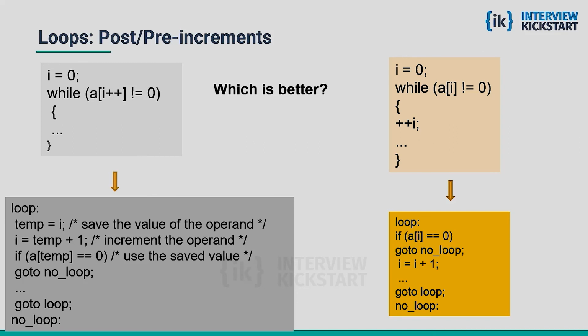After the result is obtained, the value of the operand is incremented. So if you take I as the operand, plus plus is the operator. Now the language specification semantics requires that you first get the value of I and then increment that. So that means there is a temporary variable required here.